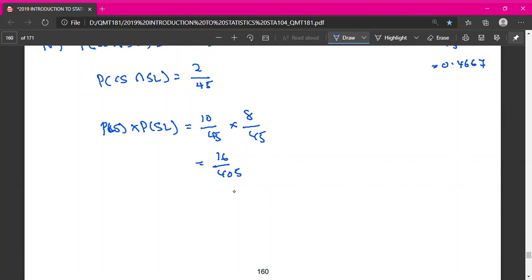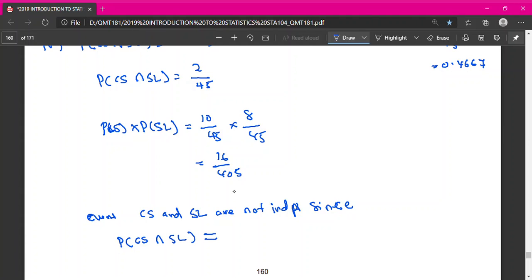So what we can conclude here, we can say that event CS and senior lecturer are not independent since probability of CS intersect dengan senior lecturer not equal to probability of computer science multiply dengan probability of senior lecturer.